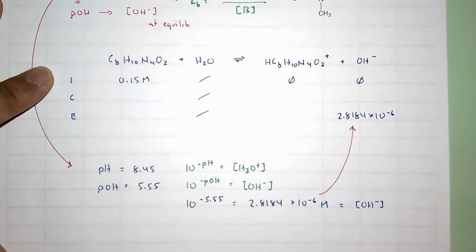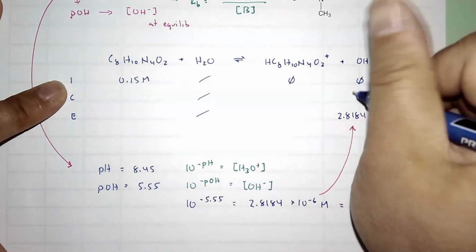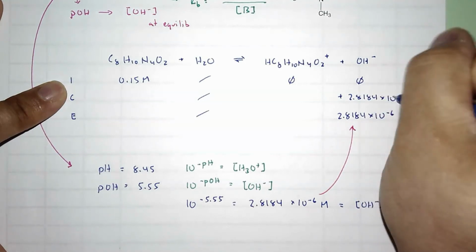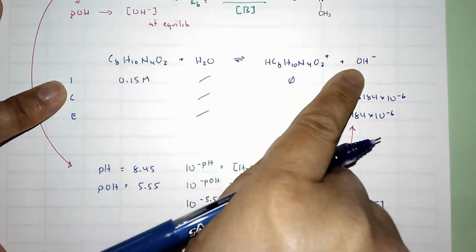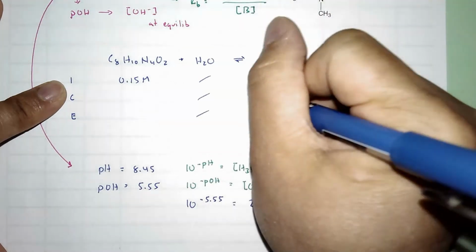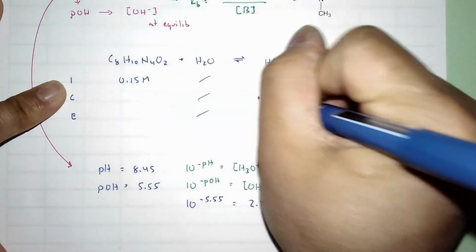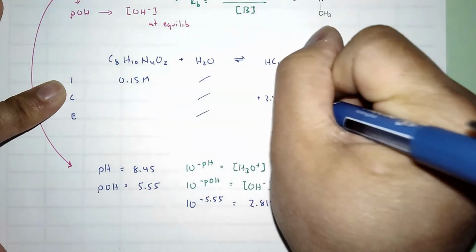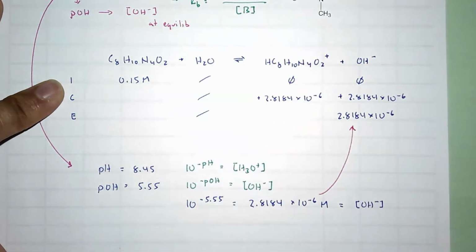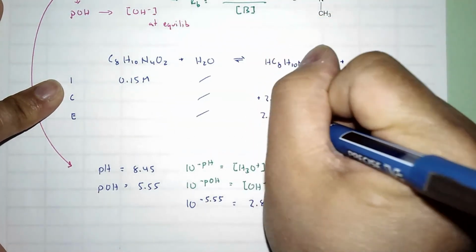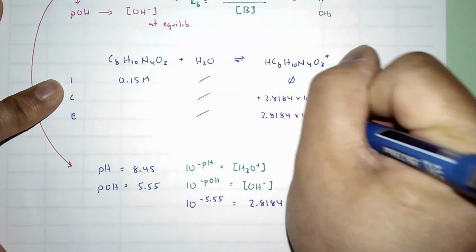Why is that useful? Because I know the change now. This was plus 2.8184 times 10 to the minus 6. If I gain one molecule of OH minus, I gain one molecule of the conjugate acid, plus 2.8184 times 10 to the minus 6. And this is 2.8184 times 10 to the minus 6.